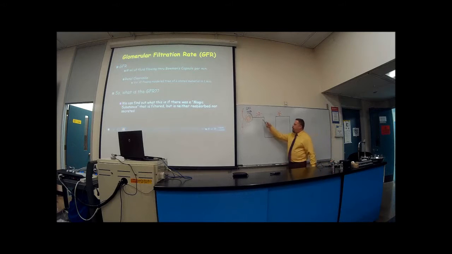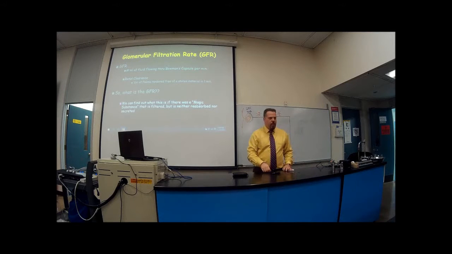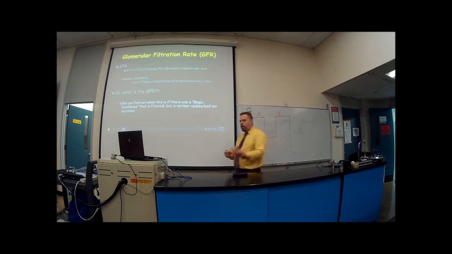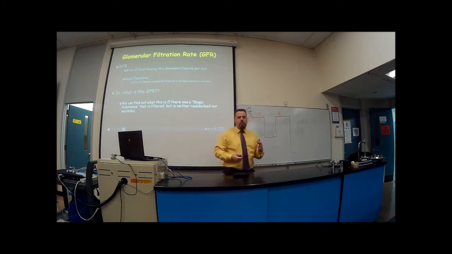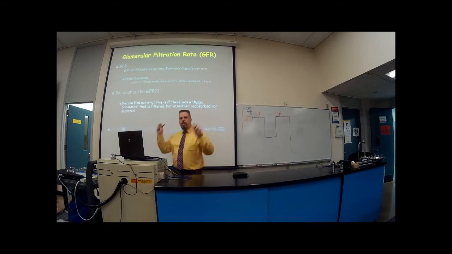Because if you have something that's going to be subtracted here and something added, then you're not going to find an accurate number. Does that make sense? You've got to know exactly 100% that's being filtered, and 100% of that, not 110%, not 98%, but 100% of that is going to go out in your urine. So we've got to find this magic substance.